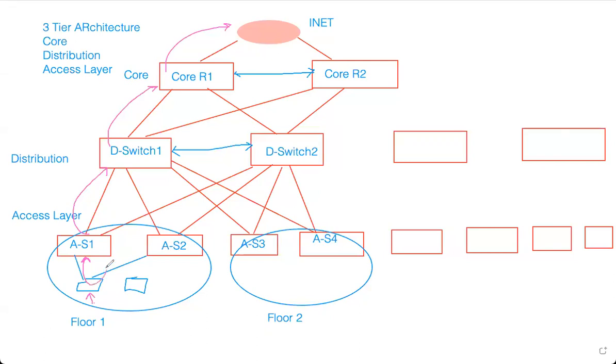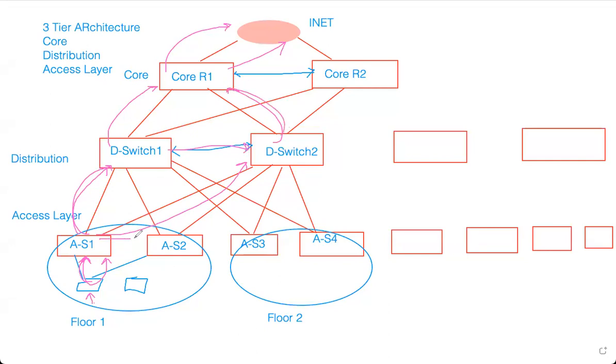Or switch 1 can send to distribution switch 2, and it can send to core router 1, and you can go to the internet. That is a different path. And there are also different paths. So switch 1 to DS1, DS1 to DS2, and go to core router 1.